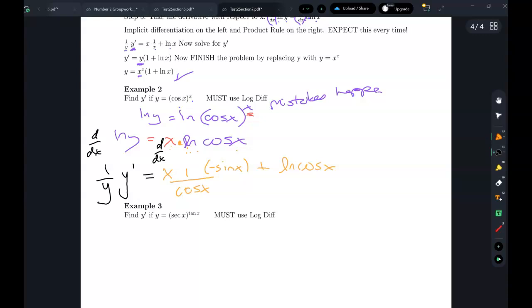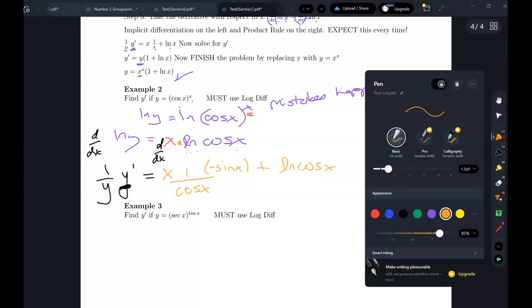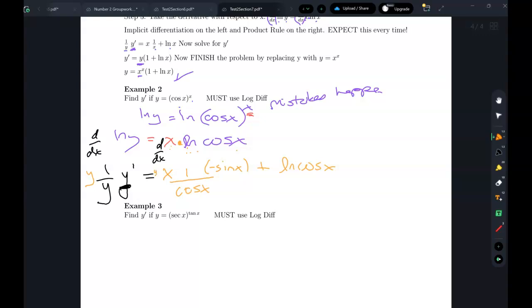Okay, so now I'm ready to solve for y prime. So I'm going to multiply both sides by y. Okay, so these cancel, so I get y prime equals y times, and because it takes me time to type this in, I know that sine over cosine is tangent, so I get negative x tangent of x plus ln of cosine of x.